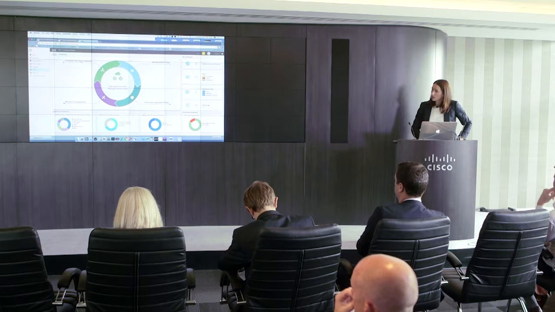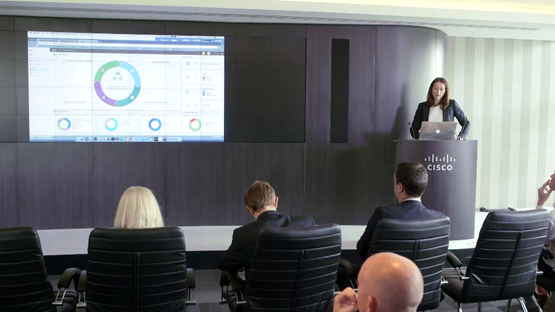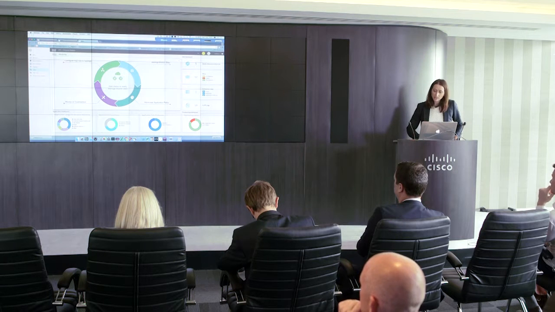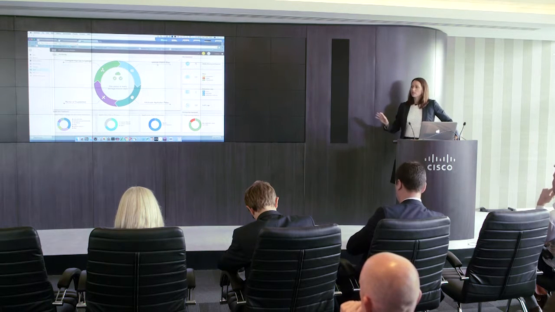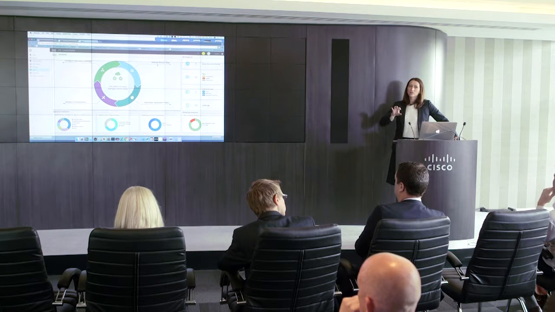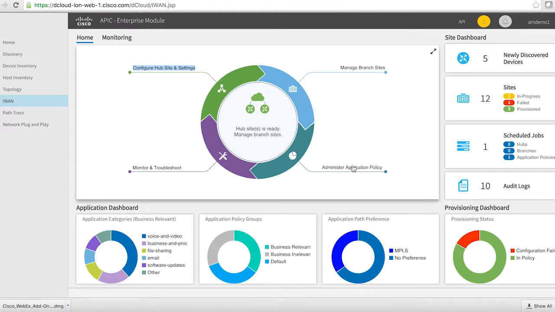Here we can see how to configure a hub, which in this demo is already configured, and here is where we can see how to configure our sites. So that's the routers in all the distributed branches, okay?